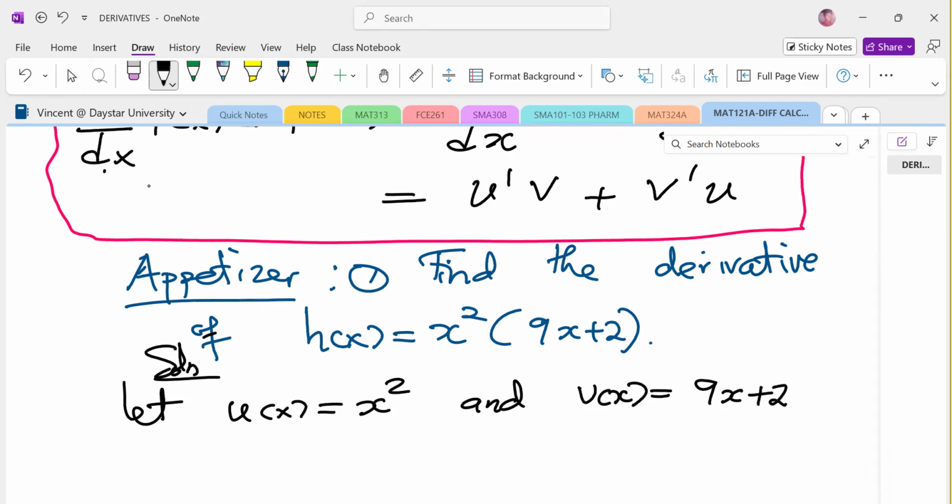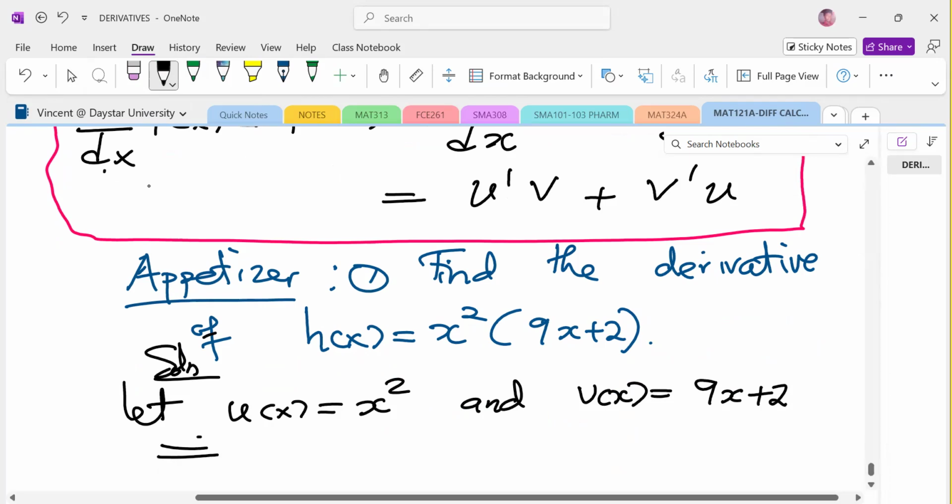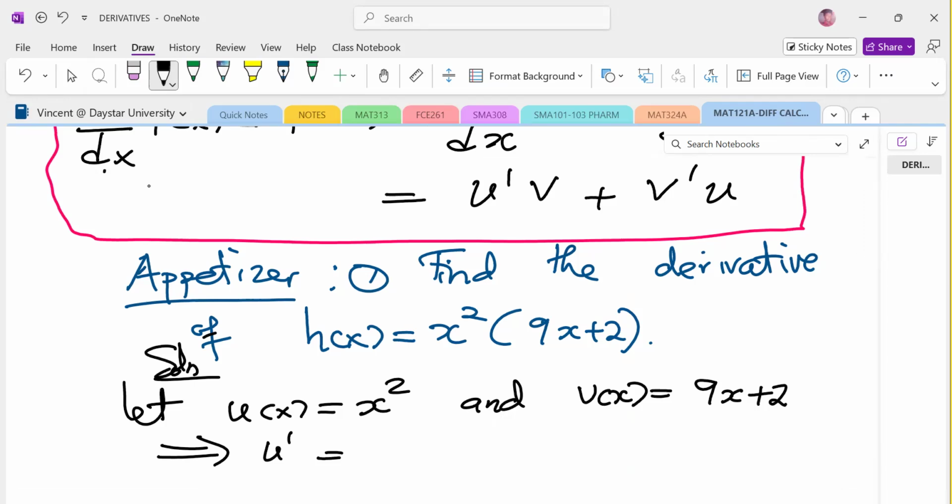So with that, it follows that u prime will be 2x and v prime is 9, because the derivative of the constant 2 is 0.